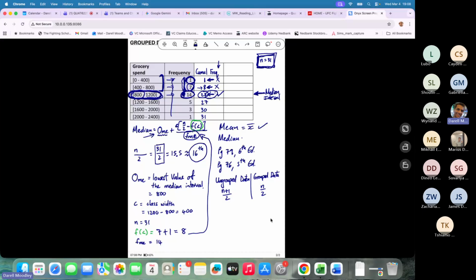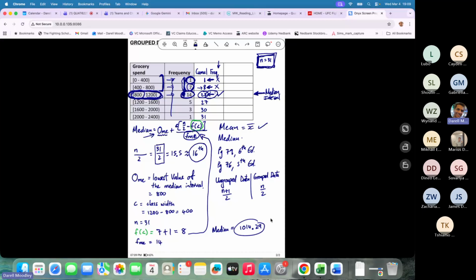And if you do that, your median will be 1014.29. That's your median. And how you would interpret that is just like how you did it before. You would say 50% of customers spend less than or equal to this amount.